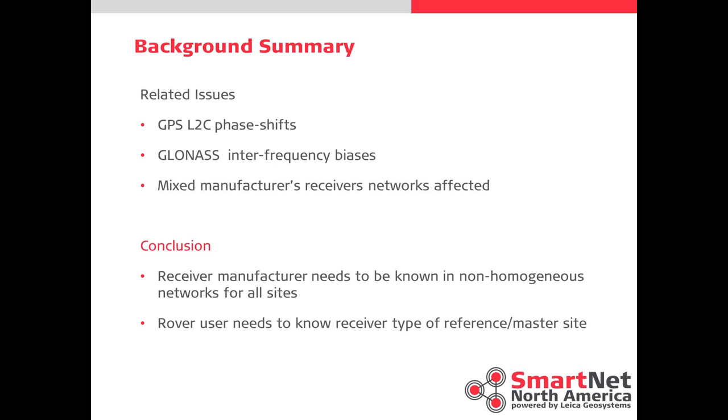In mixed manufacturer receiver networks, these are affected. So the short and skinny of it is that the receiver manufacturer needs to be known for all sites in the network. So for us, we know what all our sites are, whether they're a Leica GRX 1200 Pro GG, a Leica GR10, or a Trimble NetR8, whatever they may be out in the field, we have to know.